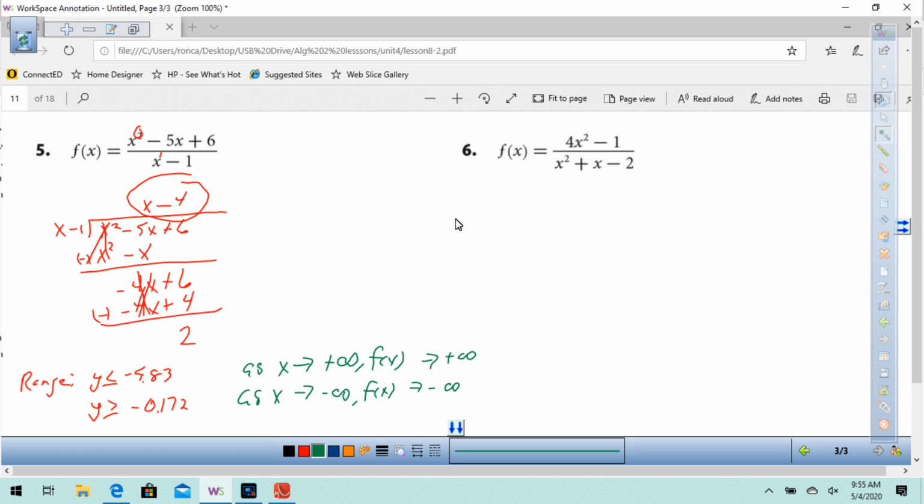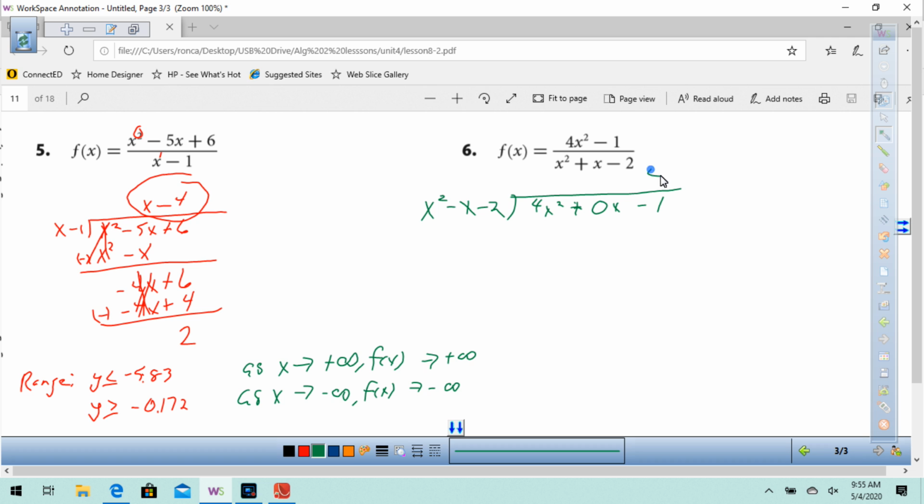What about number 6 here? We've got x squared minus x minus 2. And we got 4x squared plus 0x minus 1.